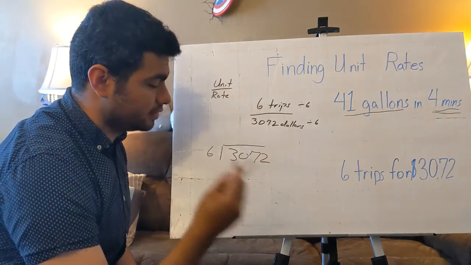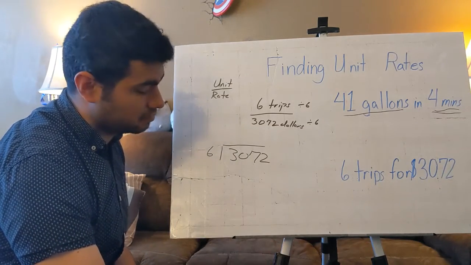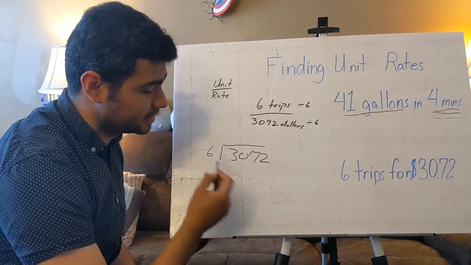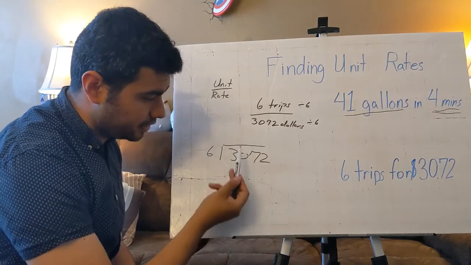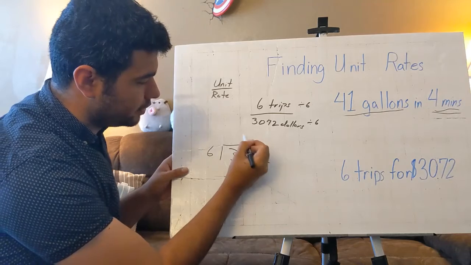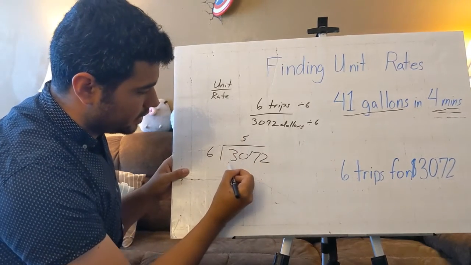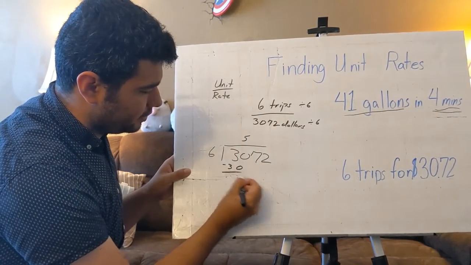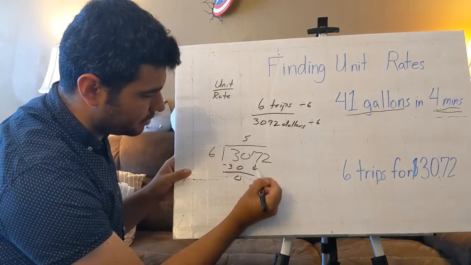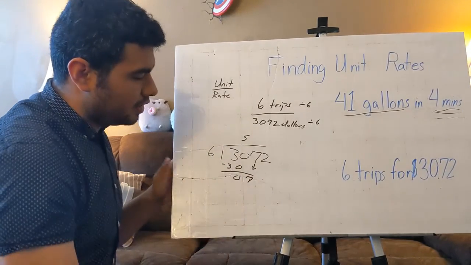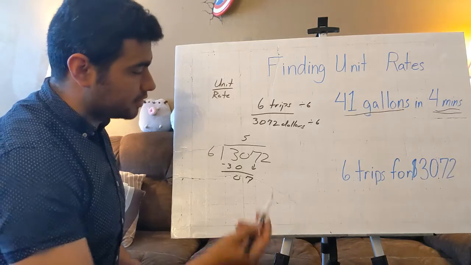6 does not go into 3, so I move over to my next digit. 6 can go into 30, and it can go into 30 5 times. Minus 30, I don't have anything left over, I'm going to drop down my 7. Now 6 does go into 7, it'll go in 1 time.